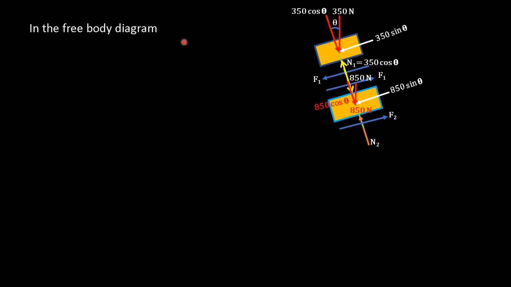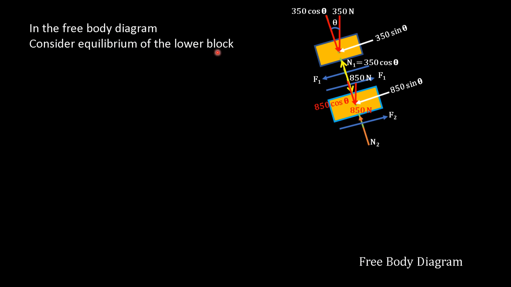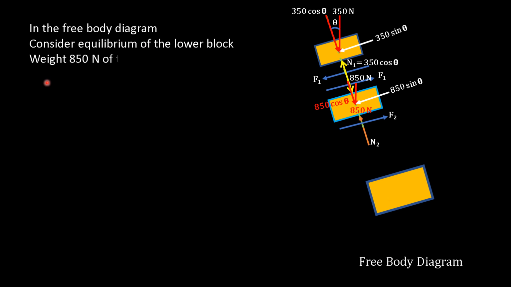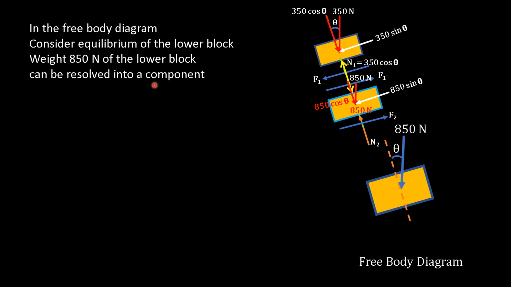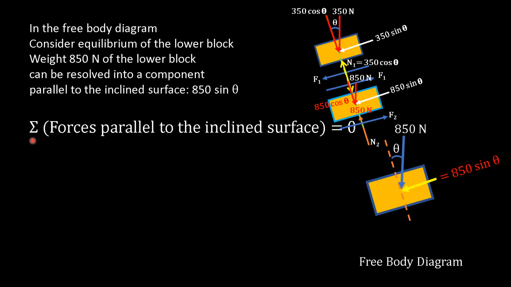In the free body diagram, consider equilibrium of the lower block. Weight 850 Newton of the lower block can be resolved into a component parallel to the inclined surface, which will be 850 sin theta. In equilibrium, summation of forces parallel to the inclined surface is 0.